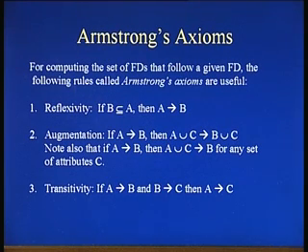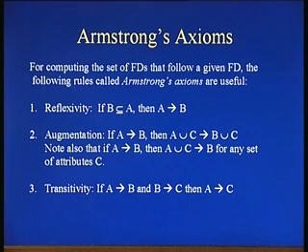So, how do we go about inferring functional dependencies, that is computing the closure or getting inferred functional dependencies, given a basis? For this, there is a set of axioms or rules that define how functional dependencies behave. These are called Armstrong's axioms, which are quite useful when we are talking about properties of functional dependencies.